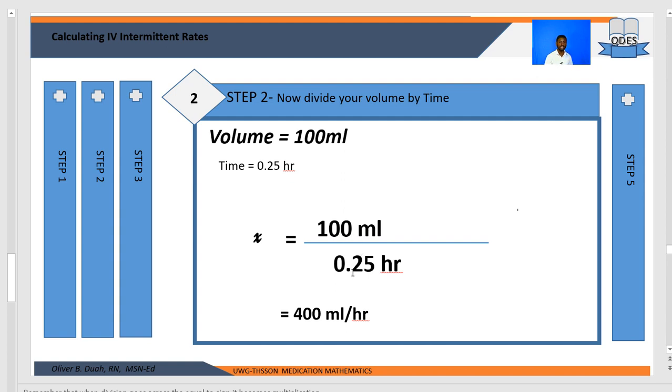So 100 divided by 0.25 is going to result in 400 ml per hour, which will be our rate in ml per hour. So as you can see, both methods are going to give us the same result.